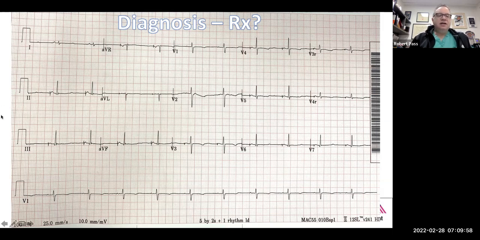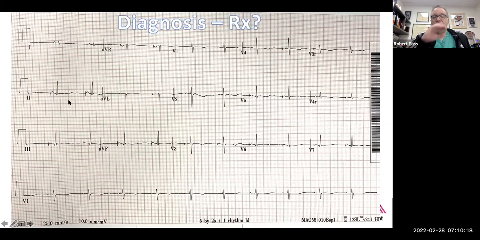The other point I'm trying to raise is that as you look at more electrocardiograms, you become more used to seeing what a normal morphology looks like for the QT segment. This is a very, very abnormal appearing QT.